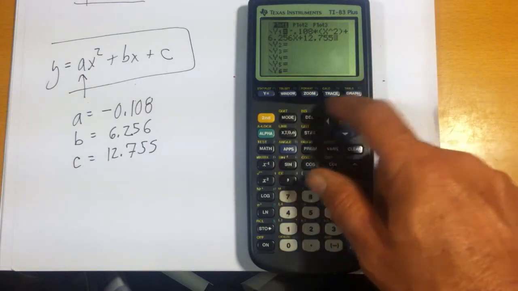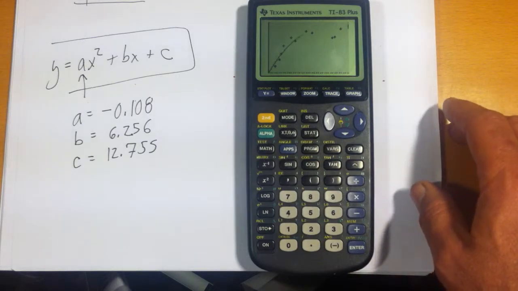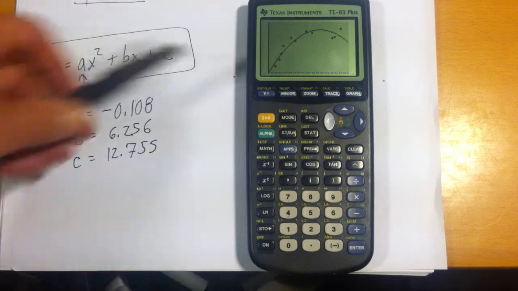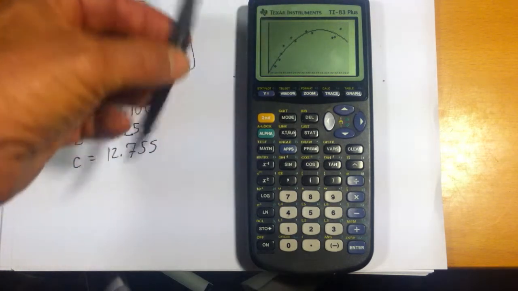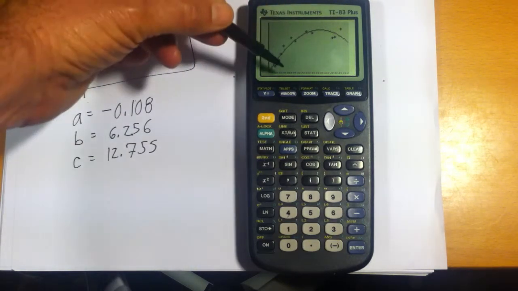Now if I quit here and hit graph, you'll notice it doesn't plot a line, but a parabola, a quadratic equation. And that allows for the curvature in the graph.